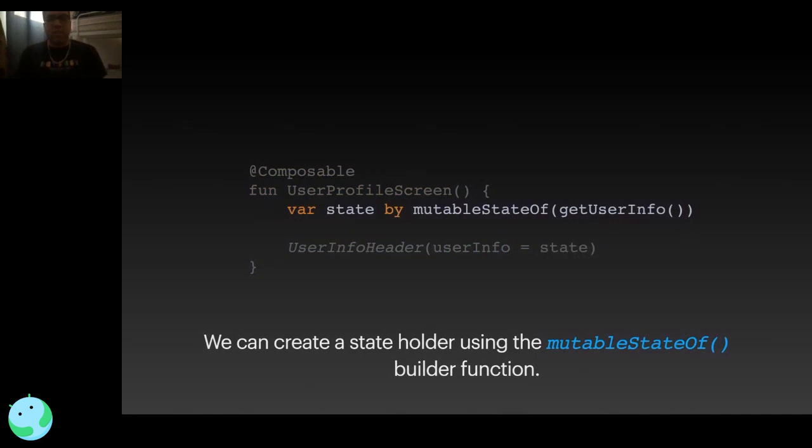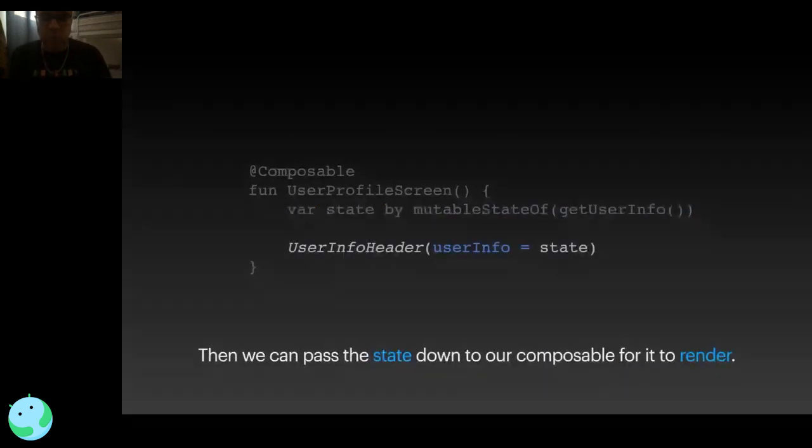As you see, we declare it as a mutable variable inside of the composable, we use the by delegate, and we use mutableStateOf, and we need to pass a default value, which in this case is the get user info. Then we can pass the state down to our composable for it to render.